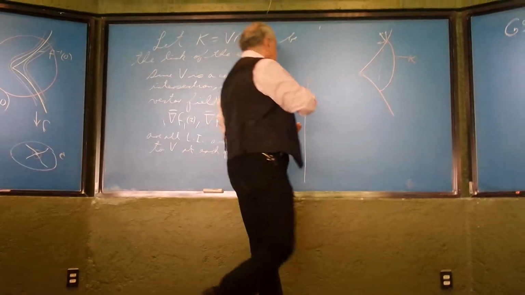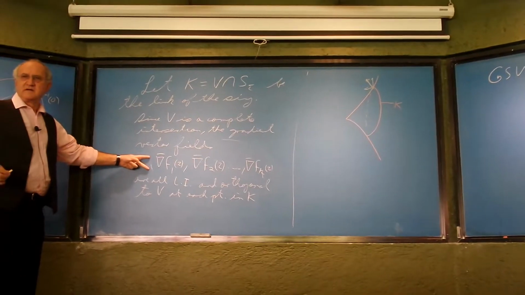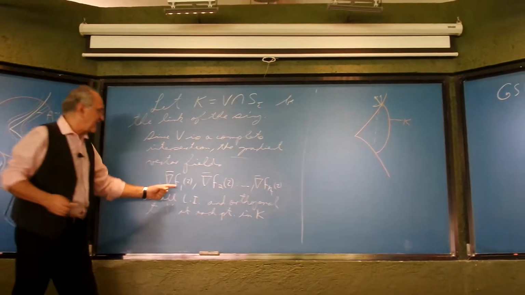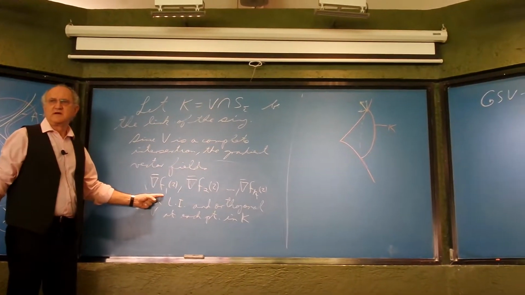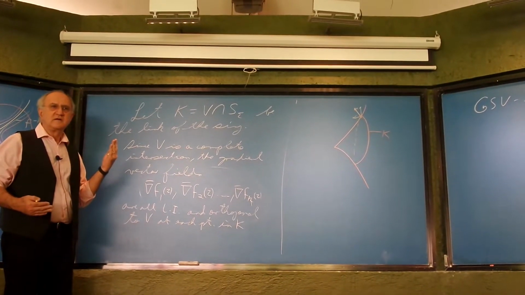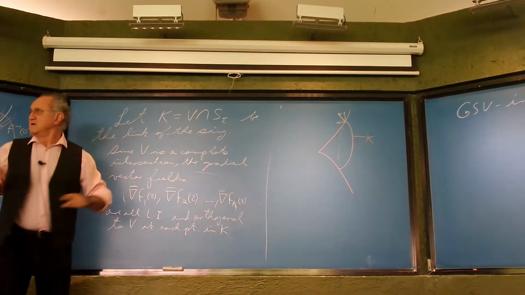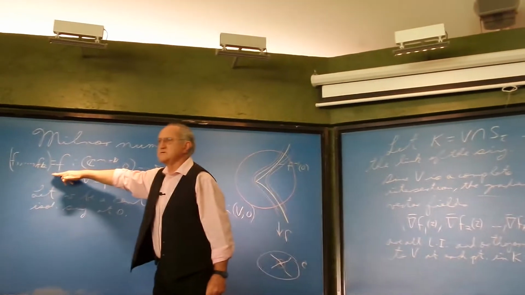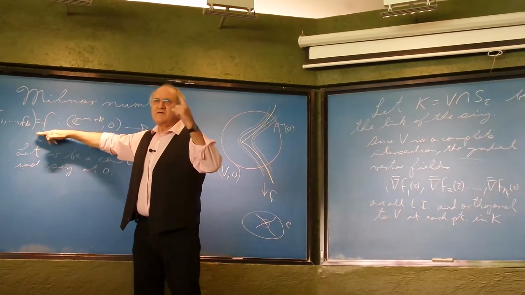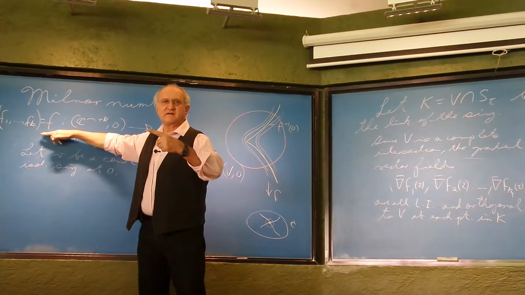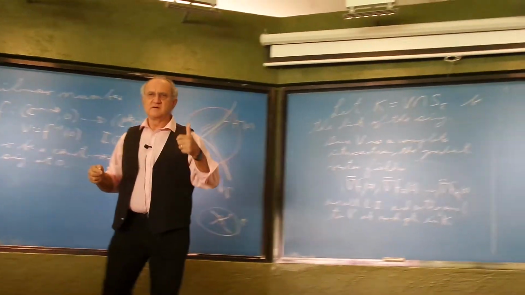Now, since these are linearly independent, they define a k-frame at all those points. And since they are normal, this is a k-frame which is canonically given. It comes out of this information. If now you have a vector field which is tangent to the variety, then together you have a k plus one frame.